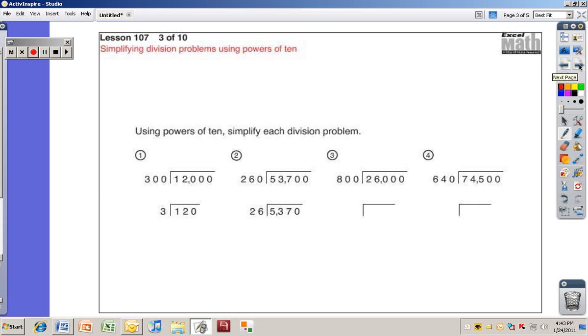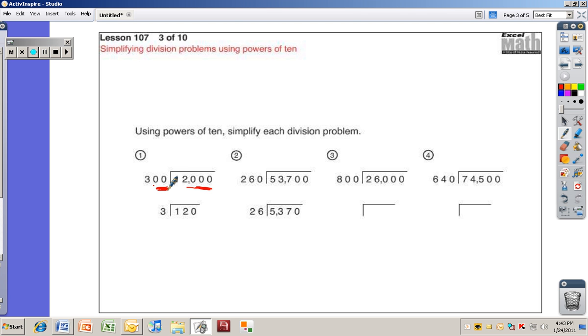All right. So here's some big old giant problems that we can make into real simple problems. This is 300 into 12,000. I can divide both of these numbers by what power of 10? Can I divide both of them by 10? Yes. Even bigger. What can I divide both of them by? 100, right?